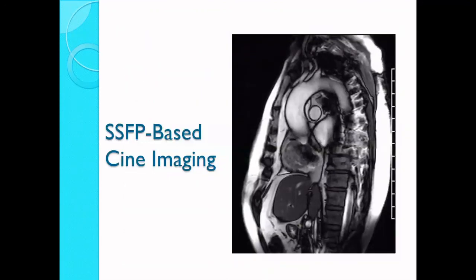So have a look at this steady state free precession based cine imaging. Have a look at this particular imaging, where you can see the systole and diastole happening. Diastole is the enlargement of this particular cardiac chamber, and then the push of the blood, the contraction of this anatomical structure, you can visualize all of the blood that is happening.